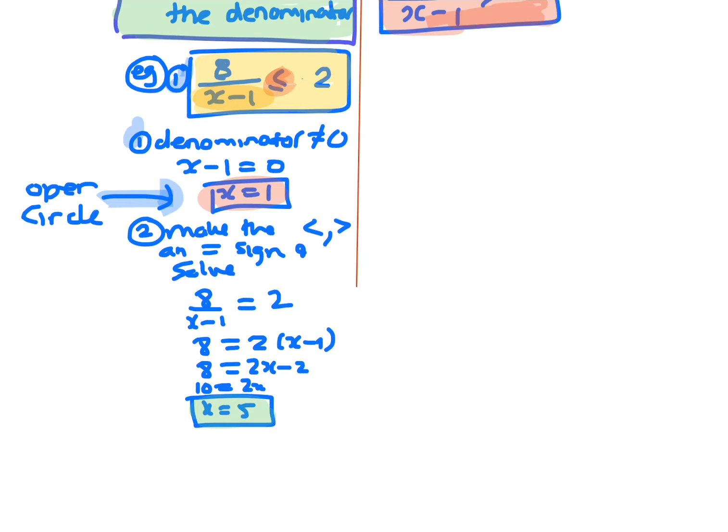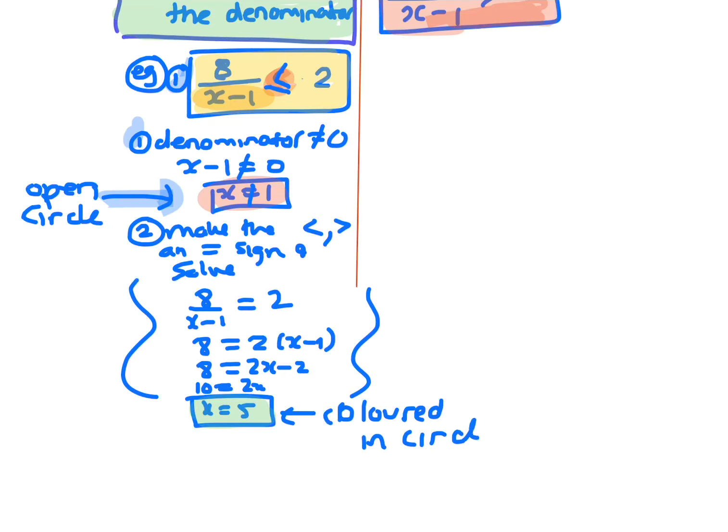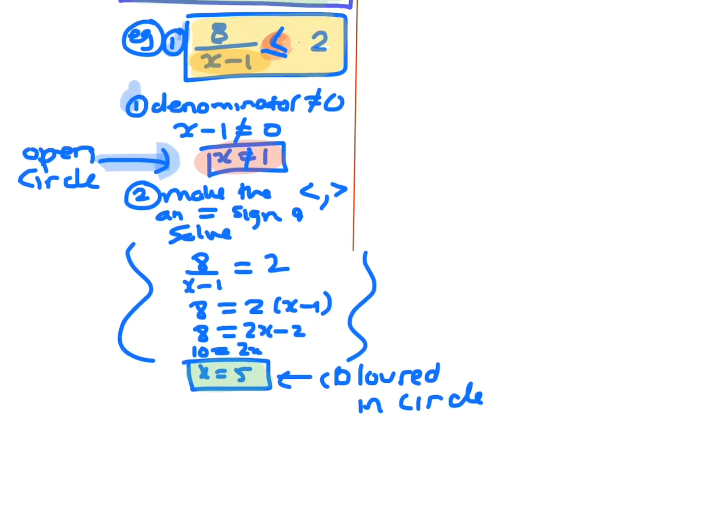So closed circle means it can equal that value, but it can actually never ever equal 1 because x minus 1 would be 0 on the bottom. This here, this is an actual solution, and because it's got a less than or equal to sign, that one would be a coloured in circle because it does actually exist.